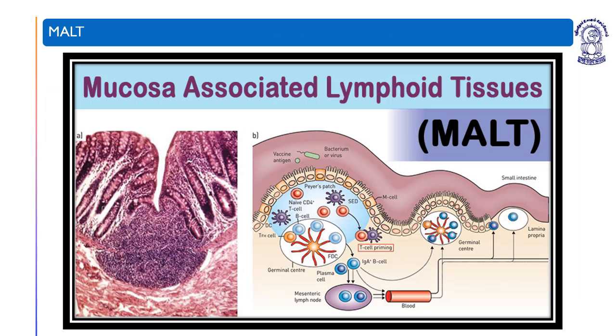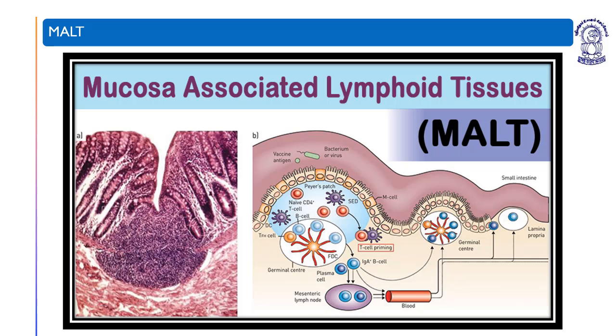Lastly, mucosal associated lymphoid tissue is an aggregation of lymphoid tissue associated with the mucosa of the respiratory and alimentary tracts. It makes up more than 50% of the lymphoid tissue in the body.